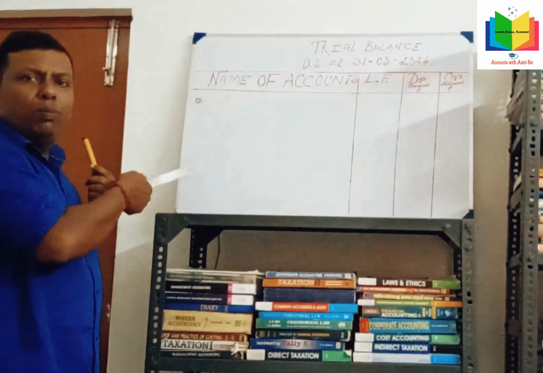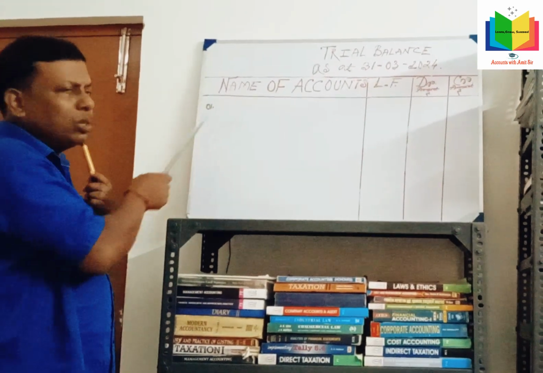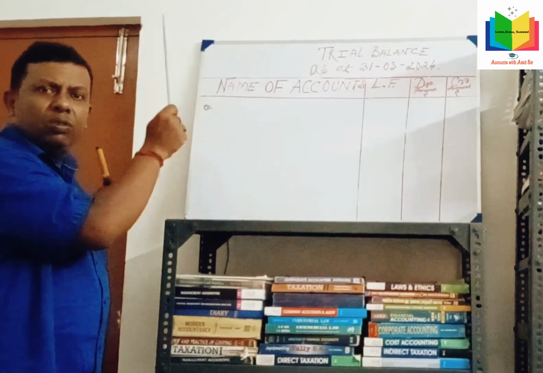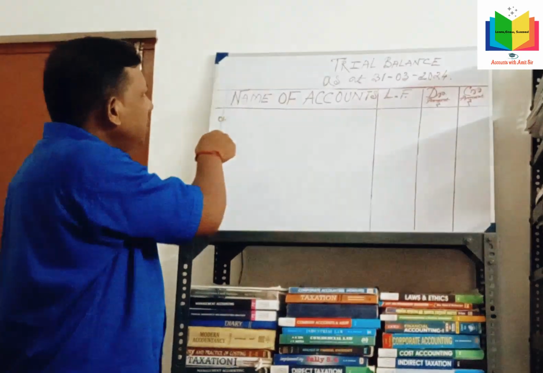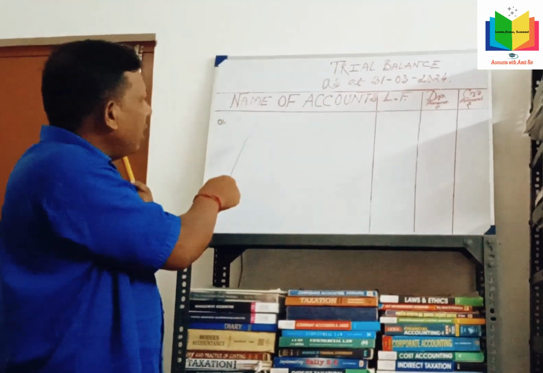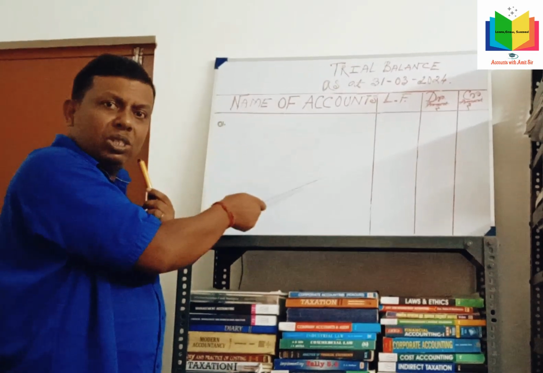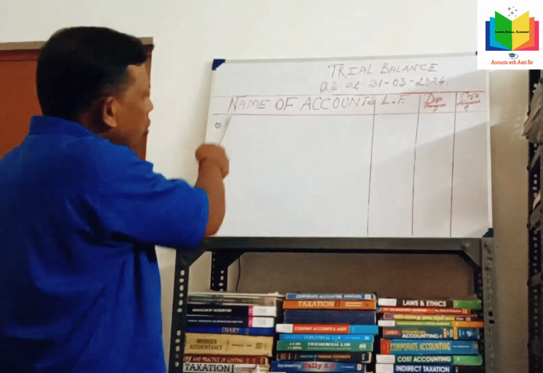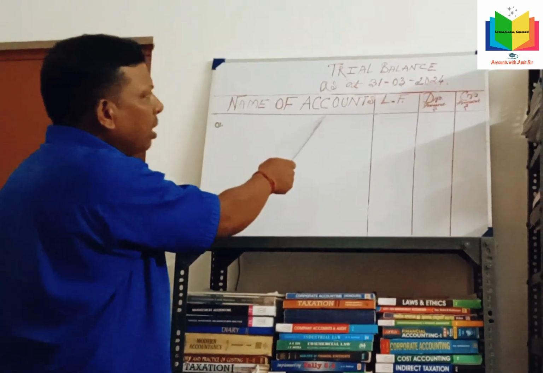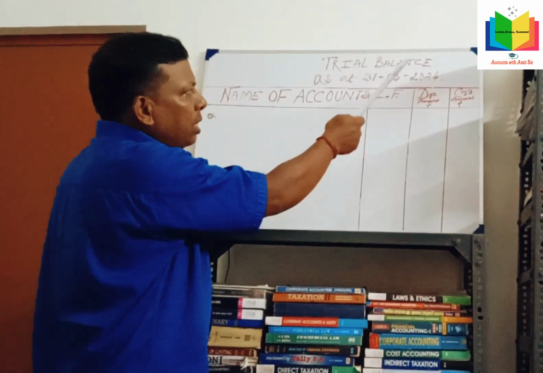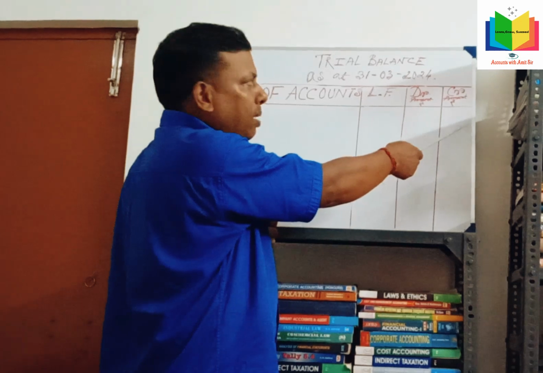No date column is prepared in a trial balance because trial balance is a statement. Instead of a date column, you draw a serial number. After that, name of accounts, ledger folio, debit amount and credit amount.